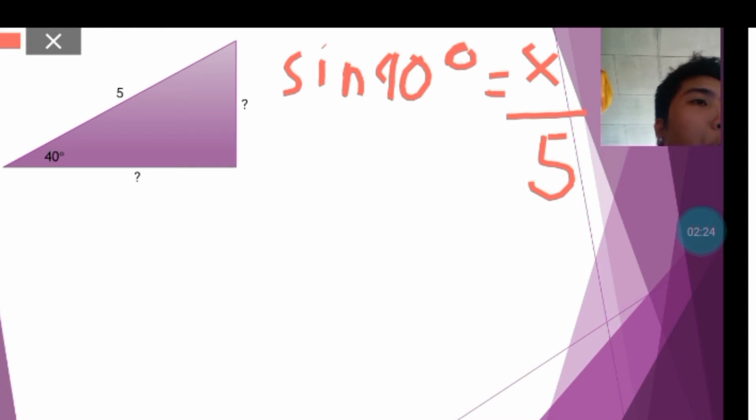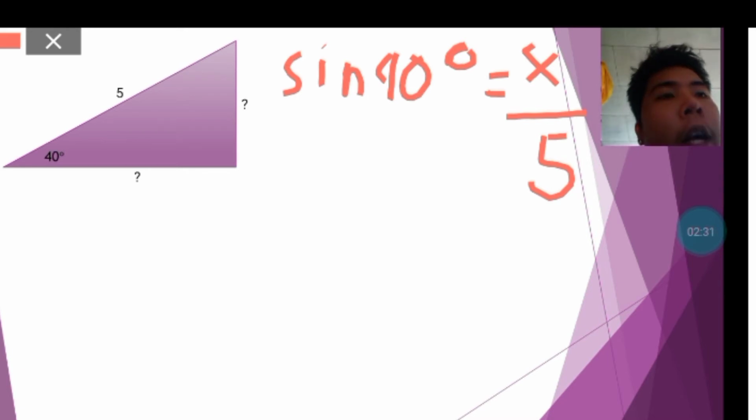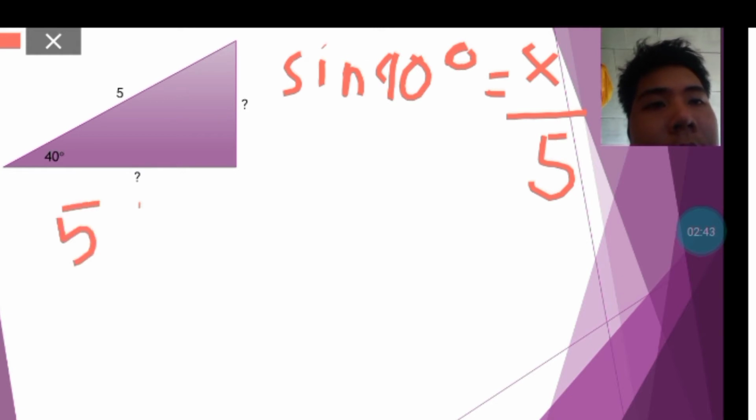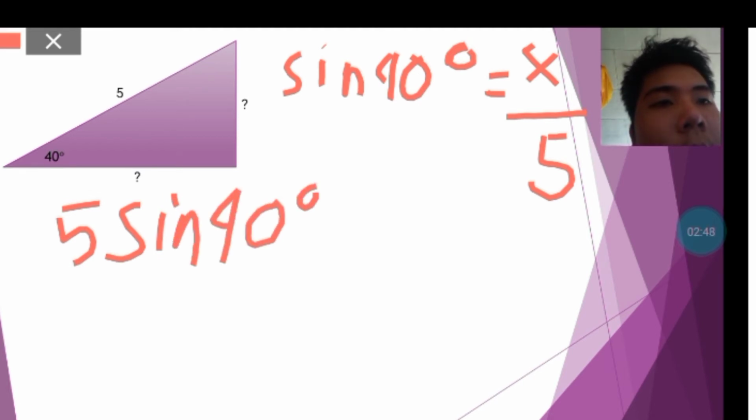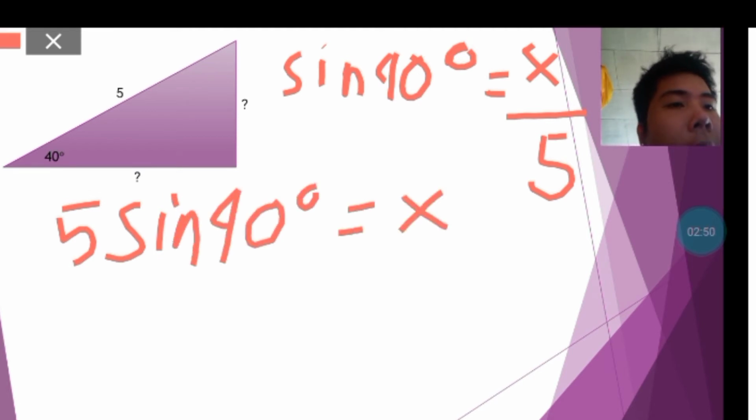So in this equation, to identify the value of x, you can cross multiply 5 by sine 40 degrees. Now you have the equation 5 sine 40 degrees equals x.